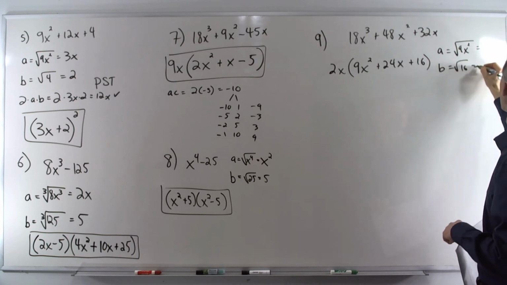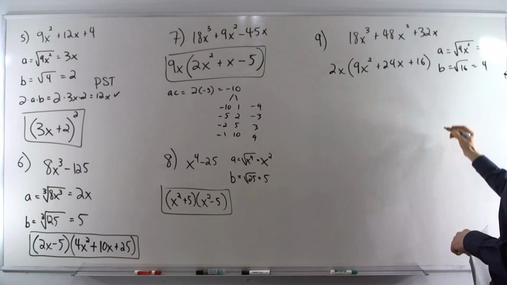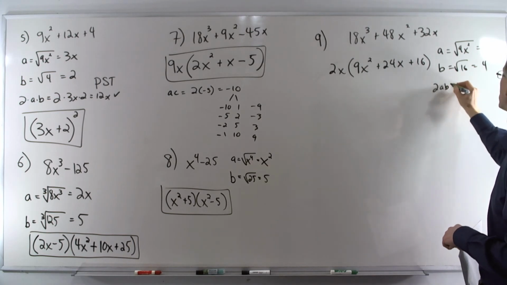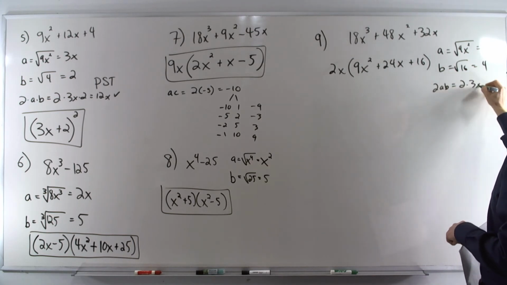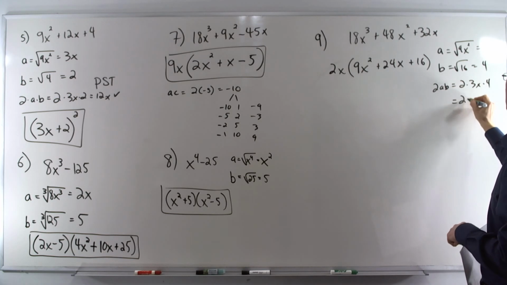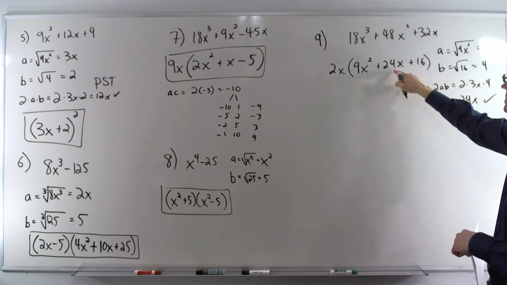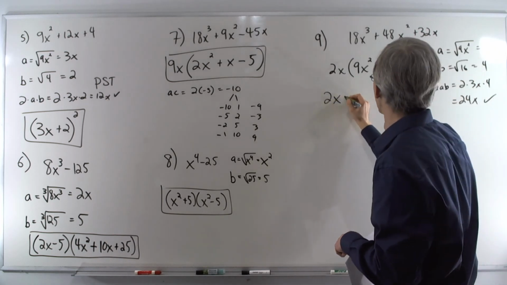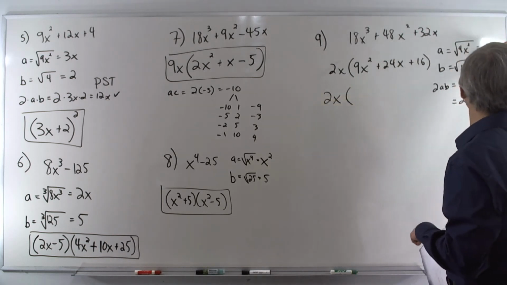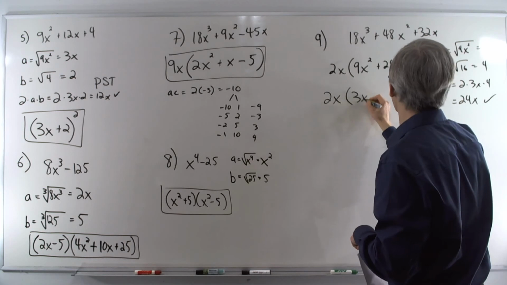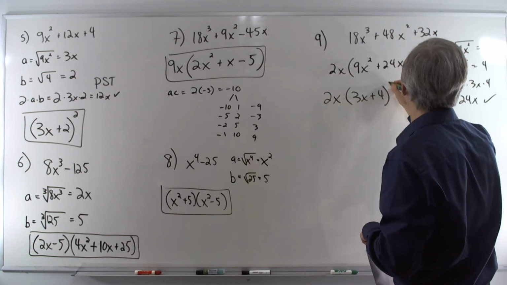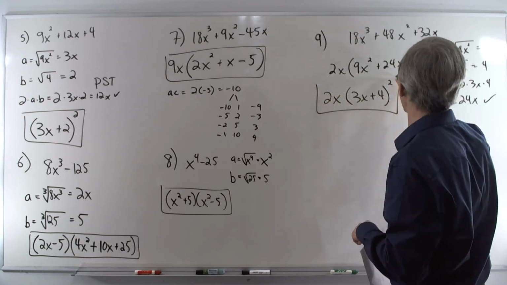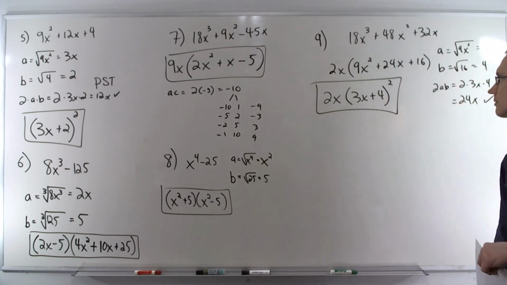Square root of the last term to get 4. 2ab is 2 times 3x times 4, which equals 24x. That matches the middle term, so we have a perfect square trinomial. So that means I'm just going to take 3x and 4, square it according to the perfect square trinomial formula, and we are done.